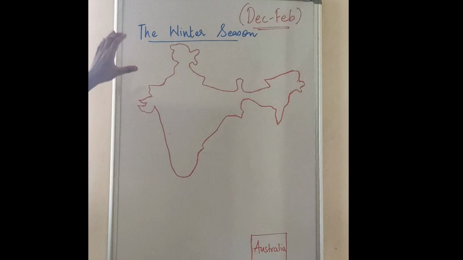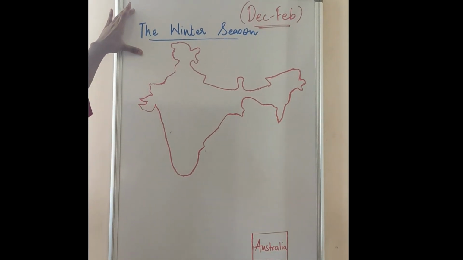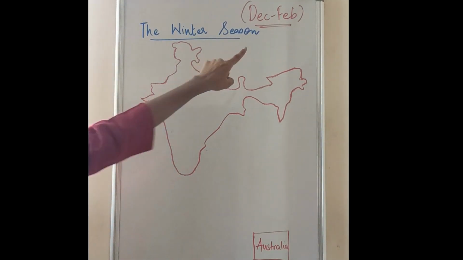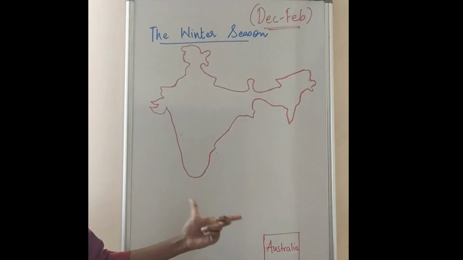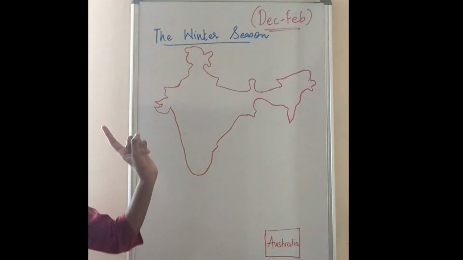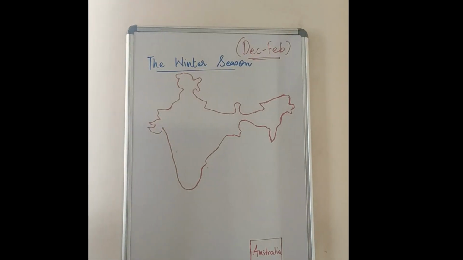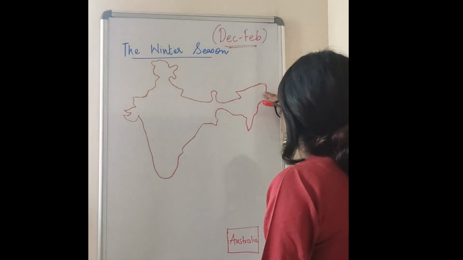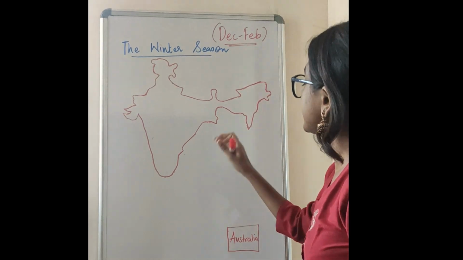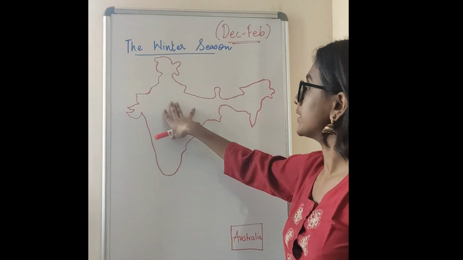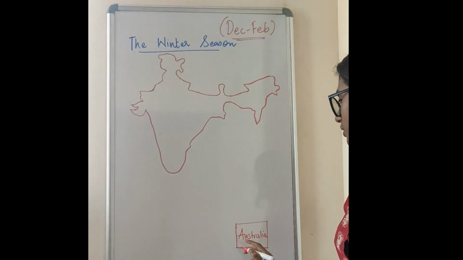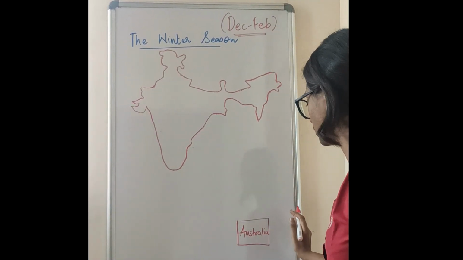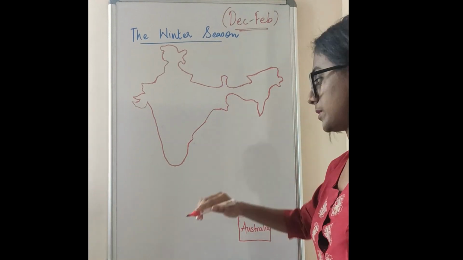Now let's delve into our first season, which is the winter season. It's from December to February. December and January are both cold months, but January is the coldest month. For the purpose of understanding why exactly it is winter, why it is cold and dry, let's see. I have drawn Australia to know that this is the southern hemisphere and this is the northern hemisphere.